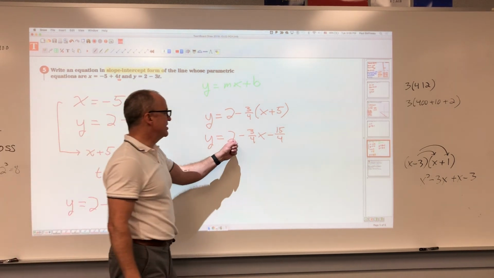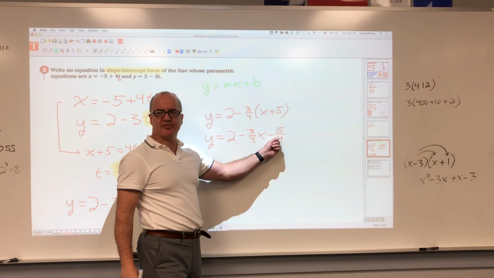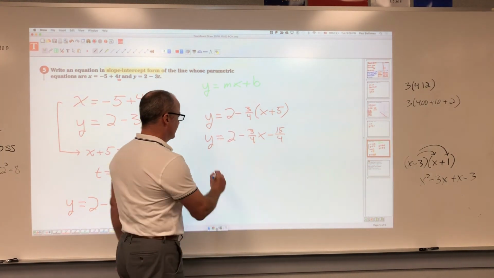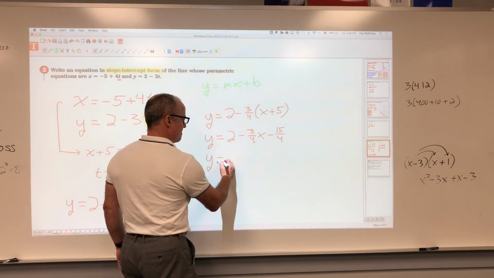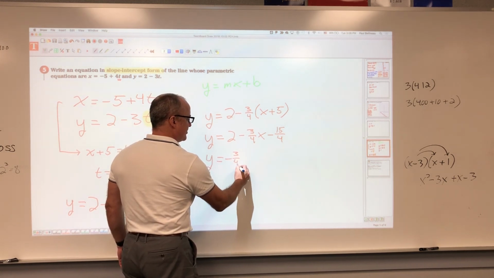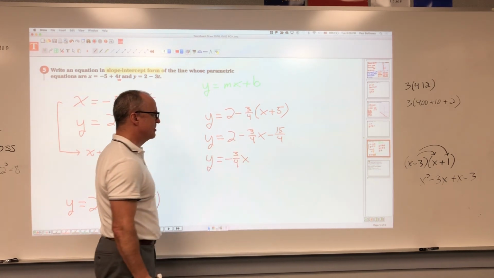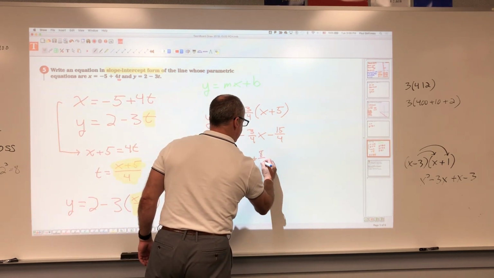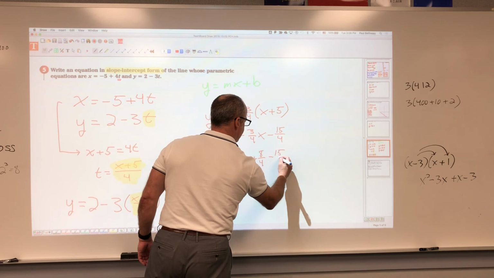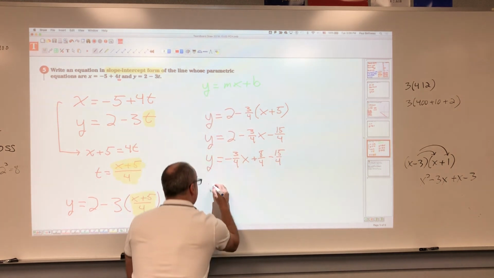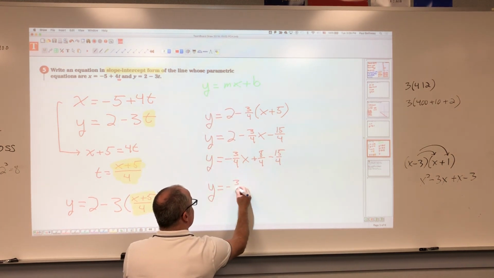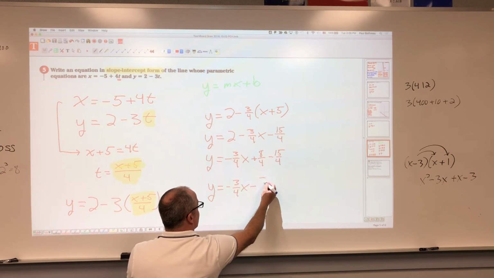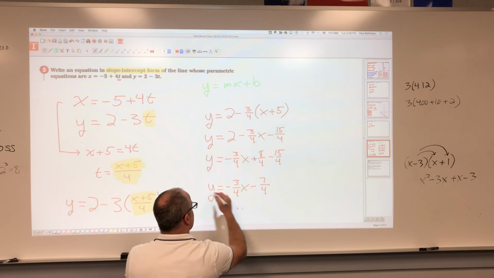I have two like terms here, the 2 and the negative 15/4. I have to add them. What's positive 2 as a fraction with 4 in the denominator? 8/4. So wouldn't it be y equals -3/4x minus 7/4? Is Ben correct? Yes. Minus 7/4. That's what I said. That took me a minute, okay.